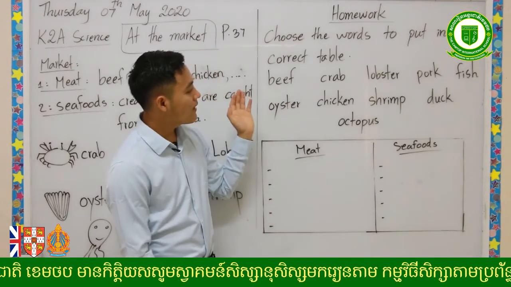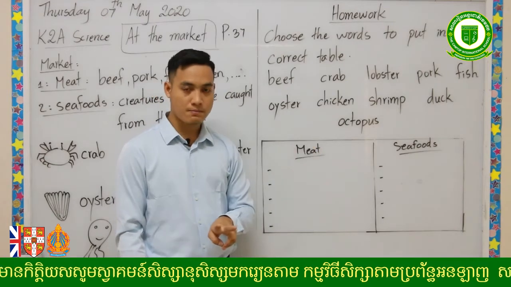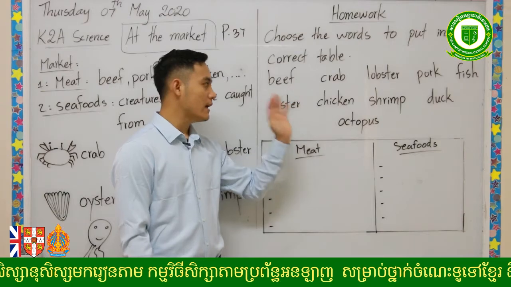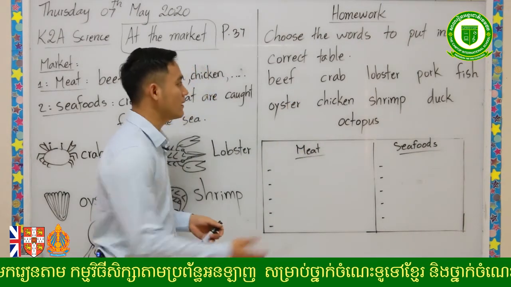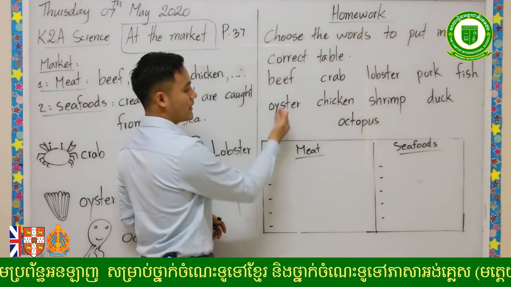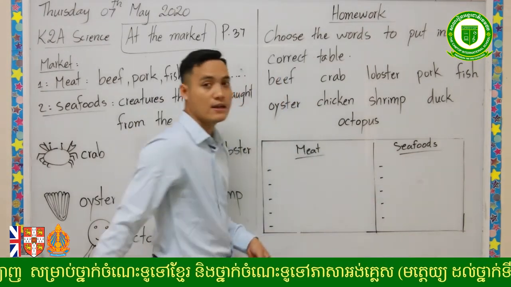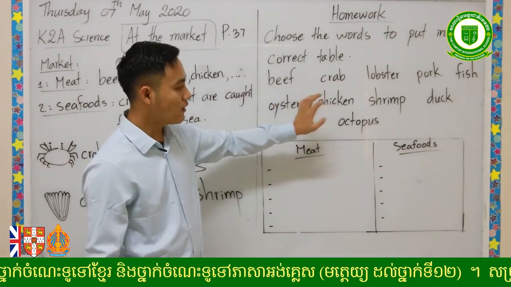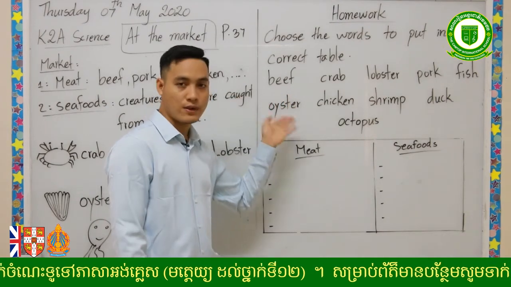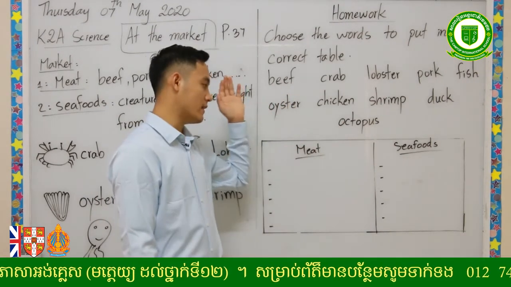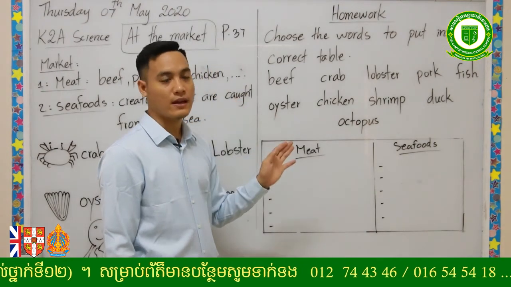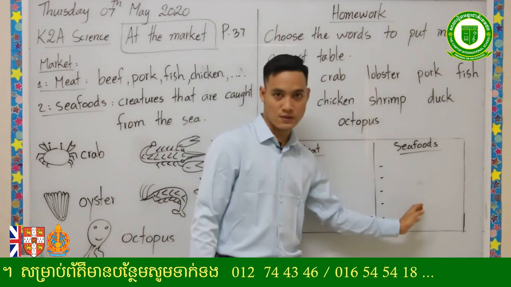Over here I mix up the words between meat and seafoods, and I want you to choose which word belongs to meat and which word belongs to seafoods. So you need to read the word carefully, and then decide which type of food it is, in the meat table or in the seafood table.